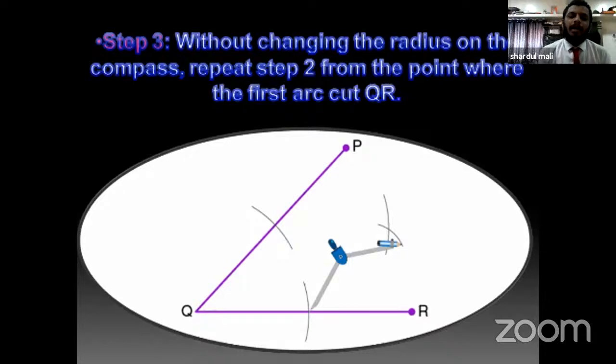It means that in the third step, you draw a second arc from the intersecting point of the first arc on the ray QR, and after making that arc, we can easily get the intersecting point of the two arcs in the interior of the angle PQR.